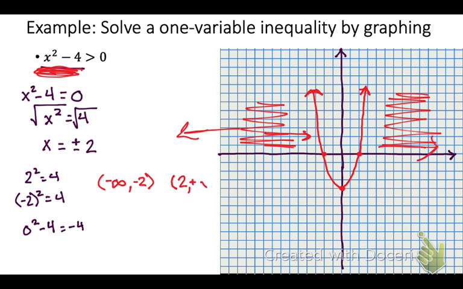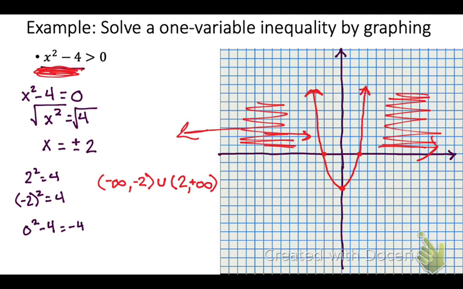In between these is an "and" situation, left and right, so you put a U for a union. When you do your IXLs or your MathXL, if you don't put that U there, they're going to count it wrong, because it is an "and" situation.